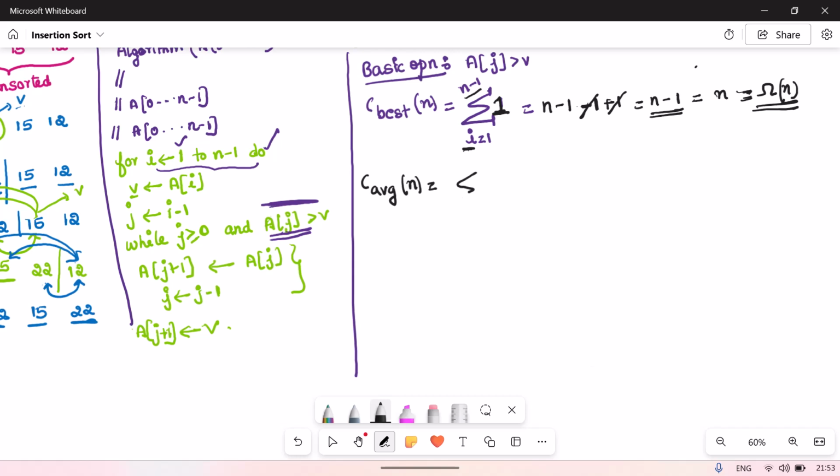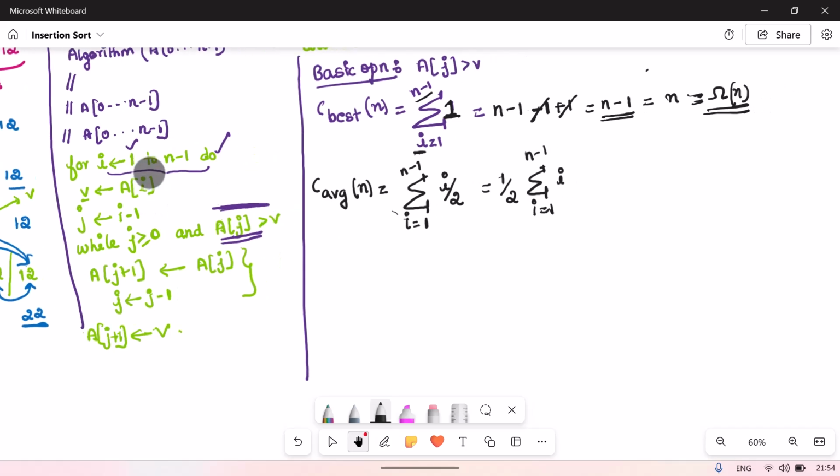So again, summation will be applied on i equal to 1 to n minus 1. And this time on the ith element, so i by 2, because average, right? So I'll take that half as a constant. So I will be left with summation of i, i equal to 1 to n minus 1.